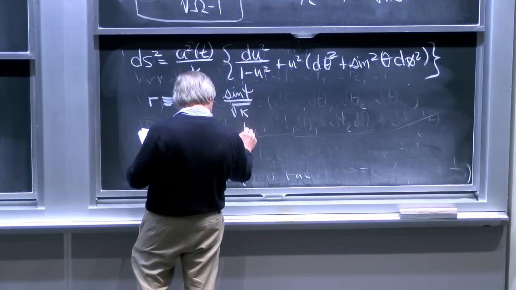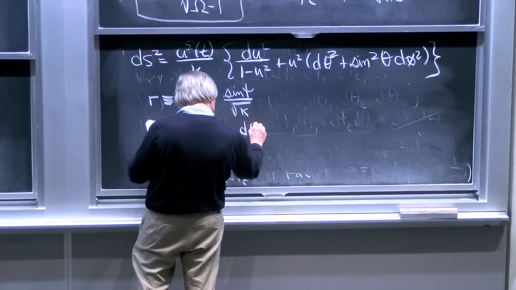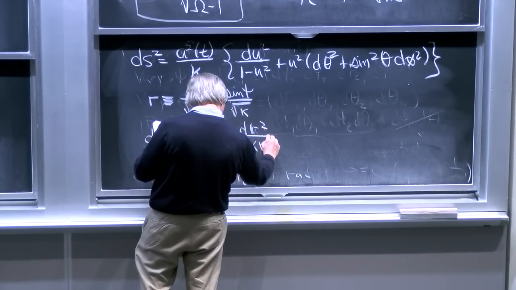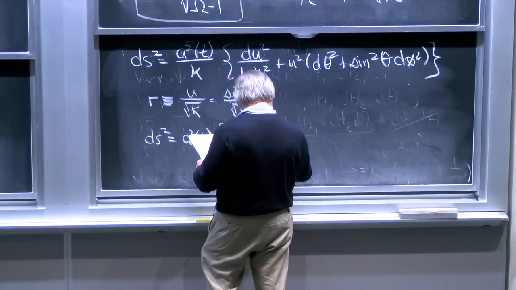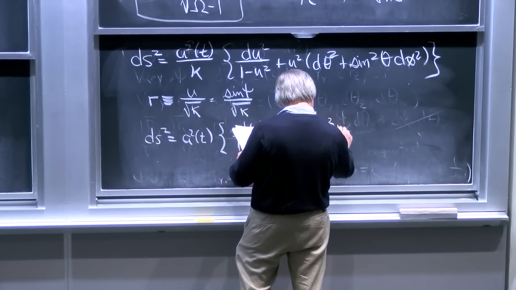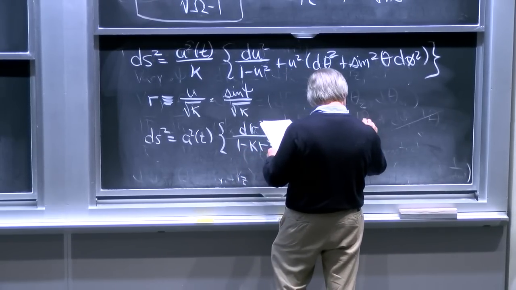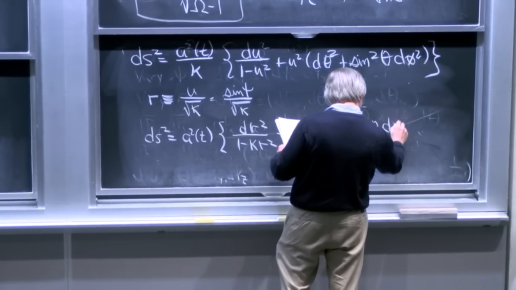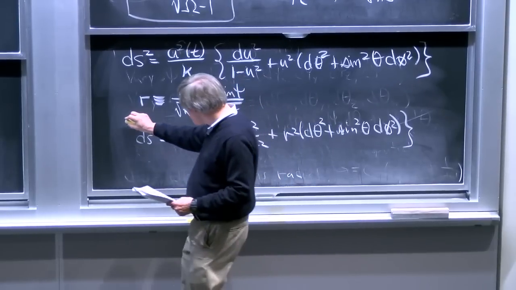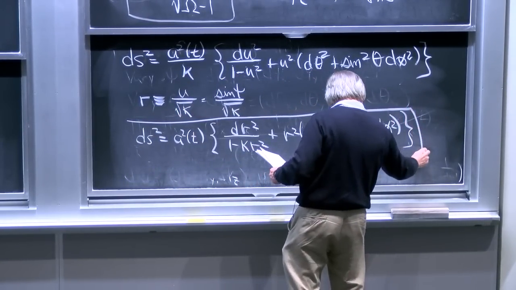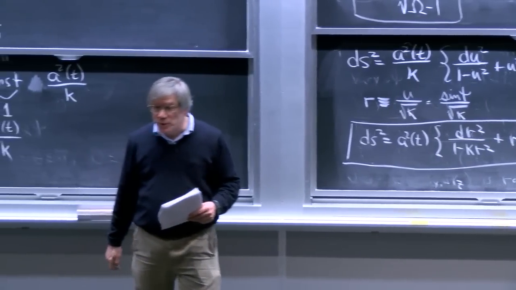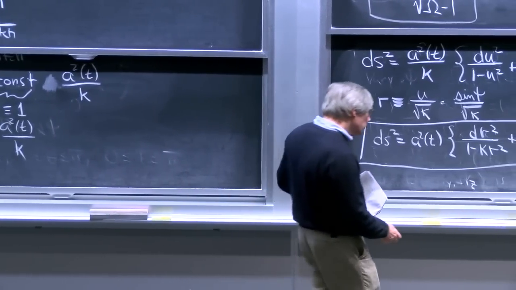And then this, after we factor in the k, becomes dr squared over 1 minus k r squared plus r squared times d theta squared plus sine squared theta d phi squared. And this is the form that the metric is usually written in. It's called the Robertson-Walker metric.